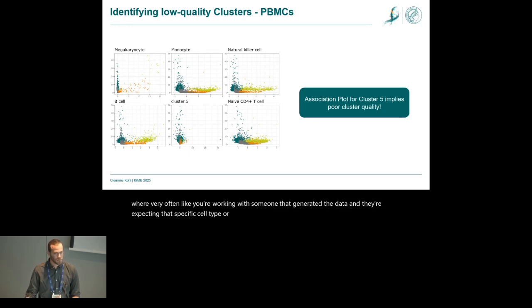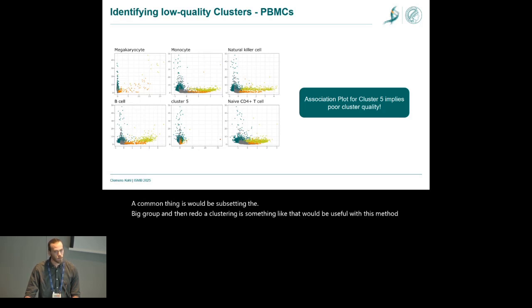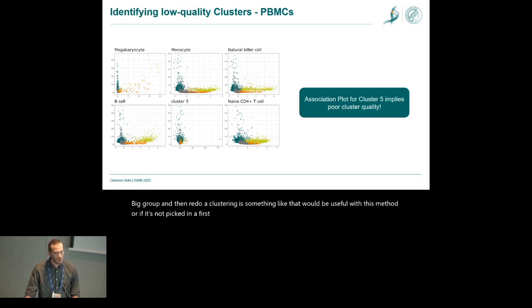Classically, I've seen sometimes with normal clustering algorithms, it doesn't appear because you don't get that resolution. And then a common thing would be subsetting the big group and then redoing a clustering. Would something like that be useful with this method, or if it's not picked up in a first round, would subsetting not change the result?